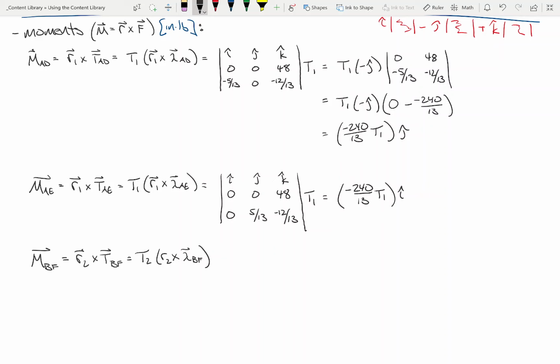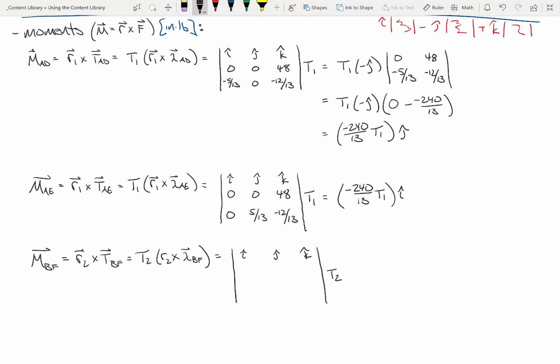Does that part make sense? Because I'll show you the analogy for this one right here in a second. Okay, and then don't forget the T2.